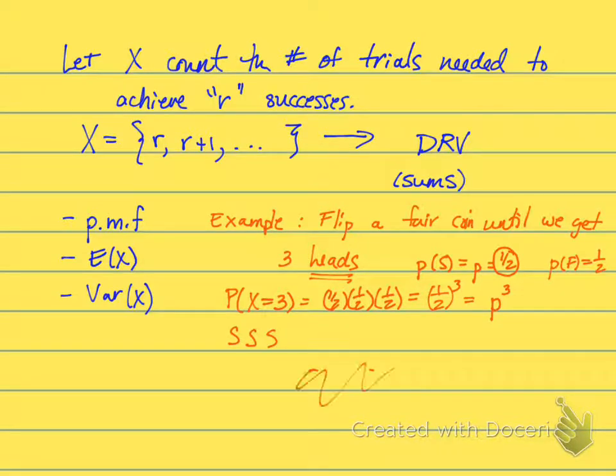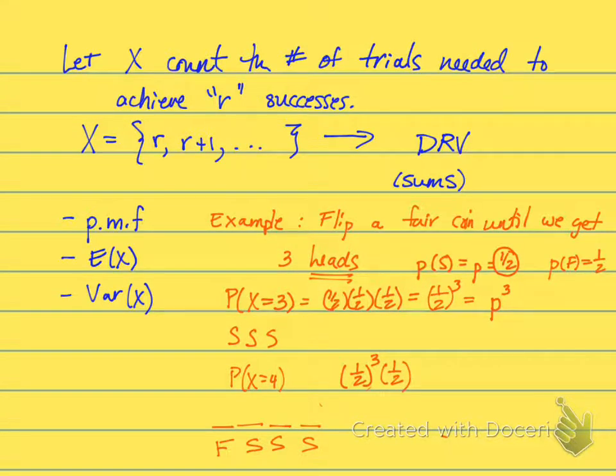Okay? All right, let's look at the case where x equals 4. So what does that actually mean? Well, I have 4 slots, and we know that we're going to have 3 successes in there, maybe there, there, and there, and the other one's going to be a failure. So we're going to have a success 3 times, and then a failure 1 time.